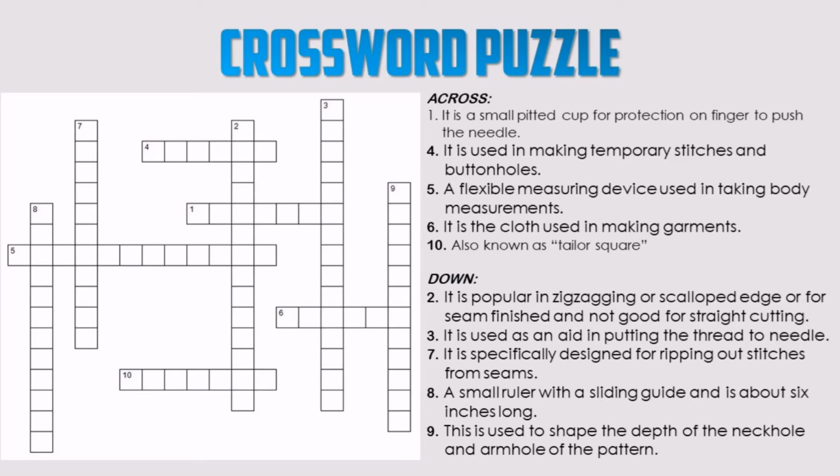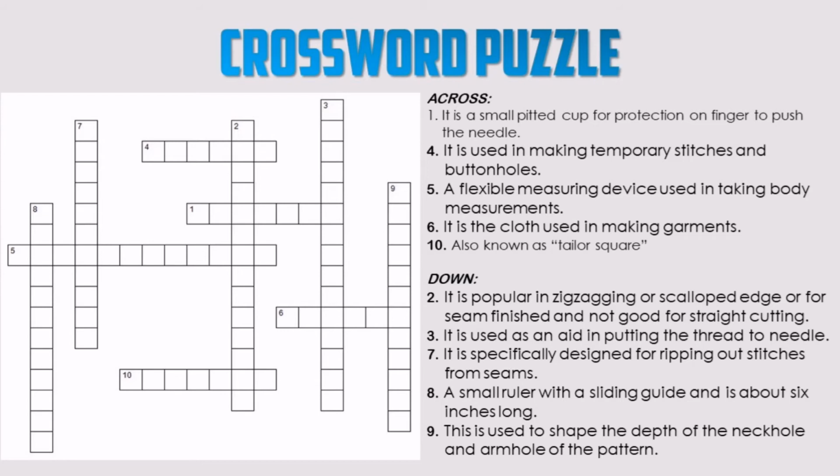Okay, for number 2 down. It is popular in zigzagging or scallop edges, or for seam finishes, and not good for straight cutting. Number 3, it is used as an aid in putting the thread to the needle. For number 7 down, it is specifically designed for ripping out stitches from seams.